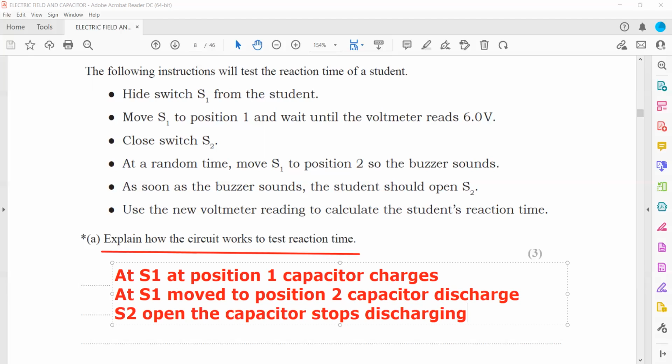We can use the formula V equals V naught e raised to the power minus T over RC to work out the reaction time. This formula can be used to work out the discharging time of the capacitor, how much time the capacitor takes to change from one value of voltage to another.